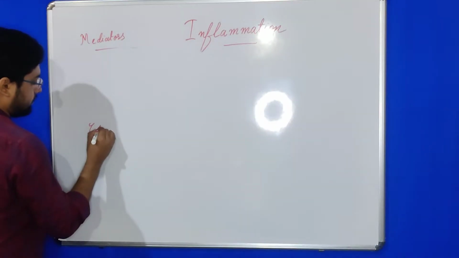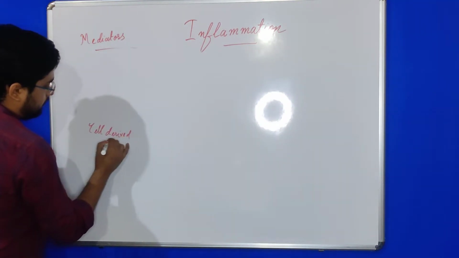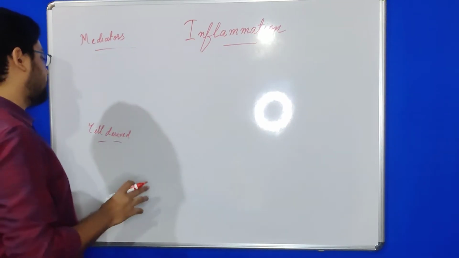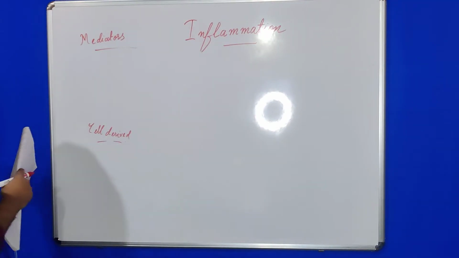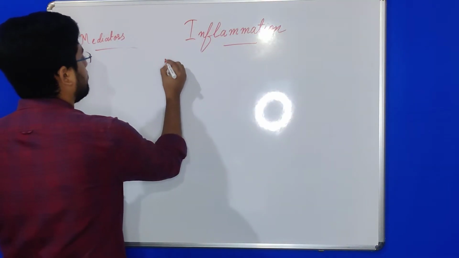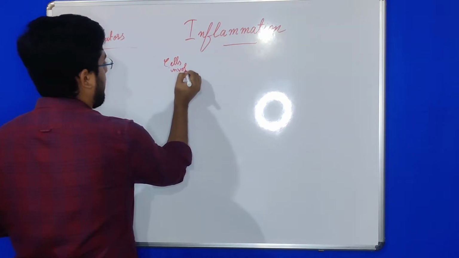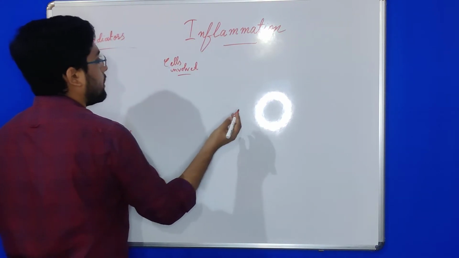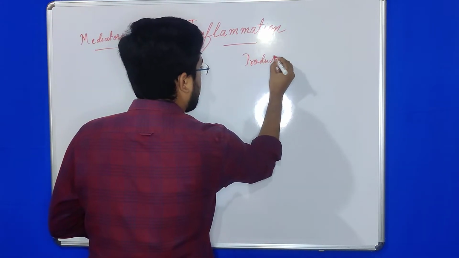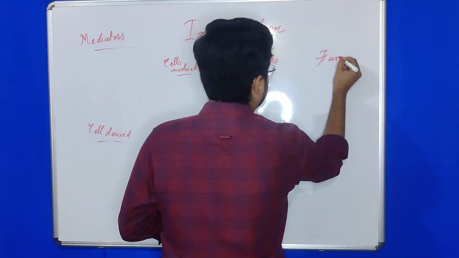So first, cell derived mediators. Here we will also memorize it in chart form and also write it down in the exam in chart form. So cells involved, their products and their functions.